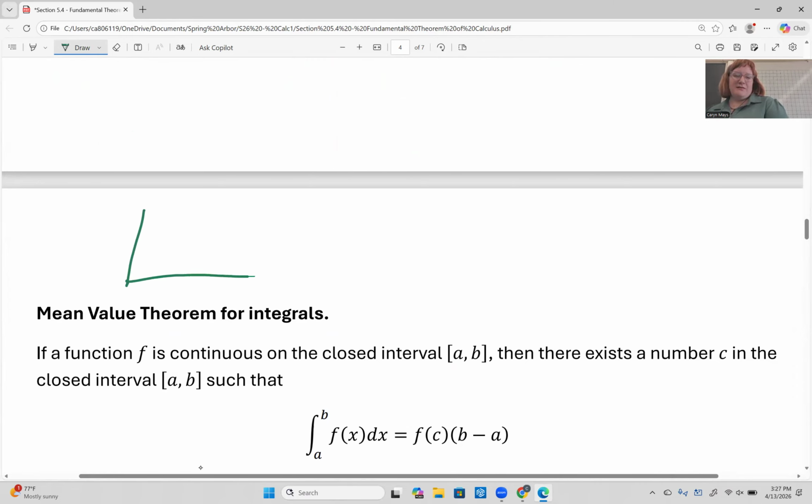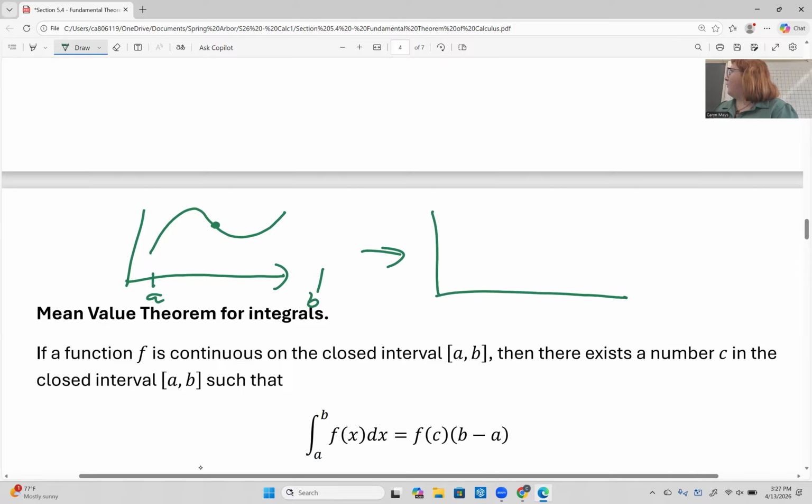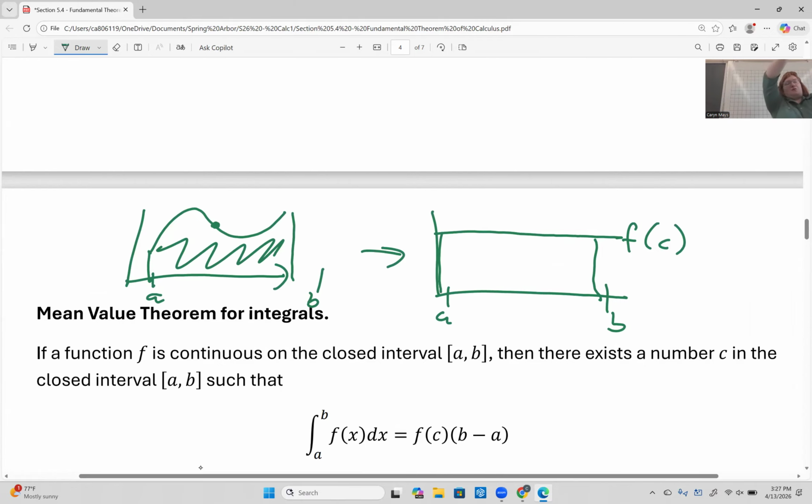This is ultimately saying that if I have this weird function, from a to b there is a value somewhere that would flatten out this curve and give me a rectangle that I can find the area of, right? If I'm trying to find this area, there is a height somewhere that, if I flattened it out, this wonky area and this rectangle would be the same.